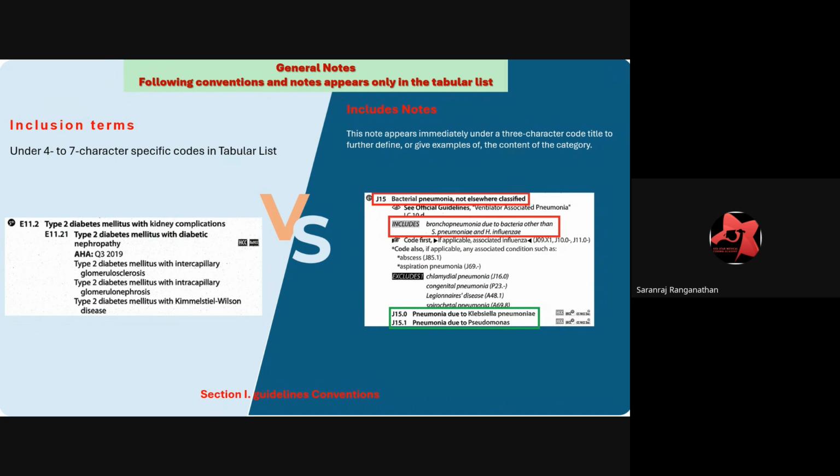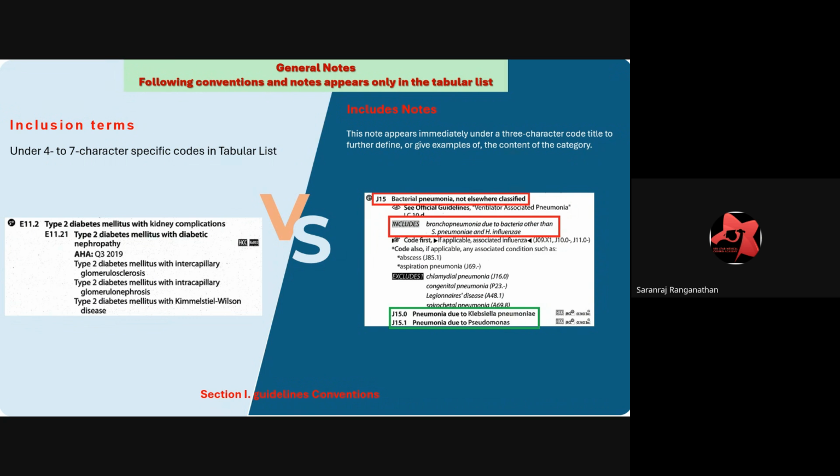Included notes. See here: bacterial pneumonia not elsewhere classified. It includes bronchopneumonia due to bacteria other than S. pneumoniae and H. influenzae. Which means when I use J15.0 or J15.1, I don't want to search separately for other conditions like S. pneumoniae or H. influenzae. Those are inclusive terms for J15, so I don't want to go for separate codes for them, which are already included in that J15 category itself.